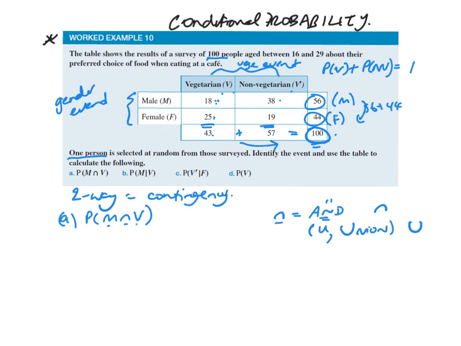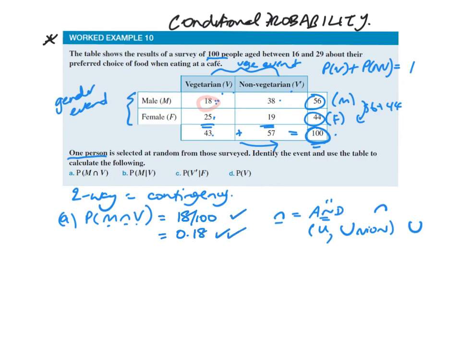If we look at the table, we can identify that cell. We go to male vegetarian, which is 18, and we can calculate that as 18 people out of 100. With probabilities, we always like to report them in decimals. Fractions is okay, decimals is better.